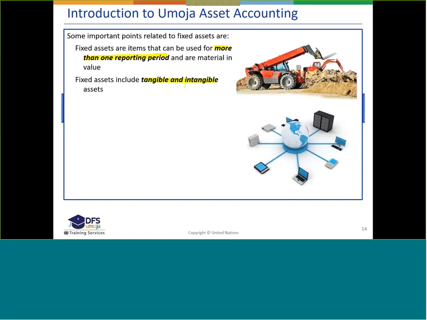It's not only about buildings or equipment. If there is software developed by the organization, or if the organization acquires a software license that allows us to use expensive software for more than 1 year, a license that will last several years, you may also have an asset master record.